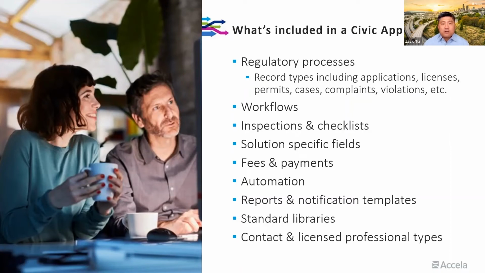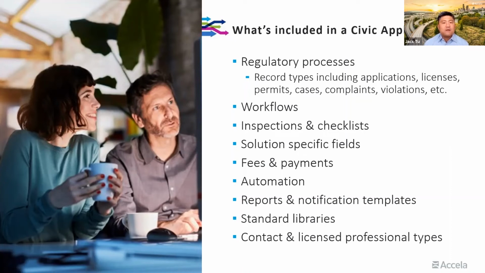Standard libraries are going to be basically your configuration components that may be reused. So for example, in the future, if there is a new application that you want to make available to your citizens, for those workflows, if they are very similar to another process that you currently have, you'd be able to reuse that workflow template on that record.